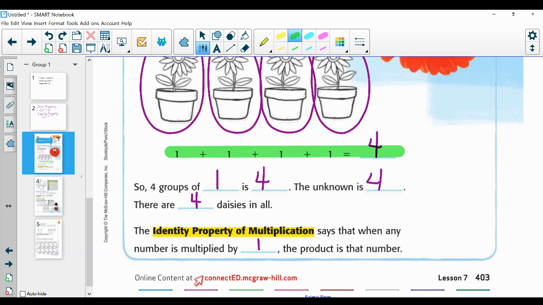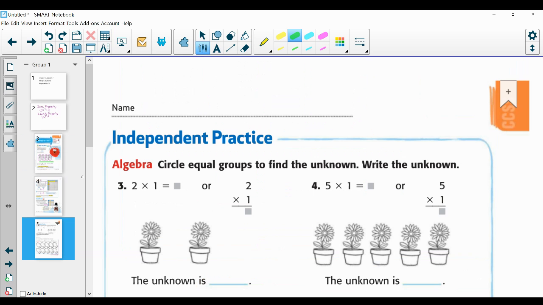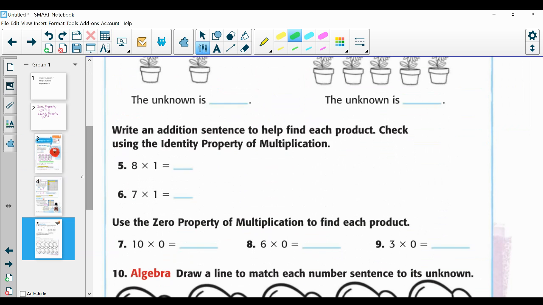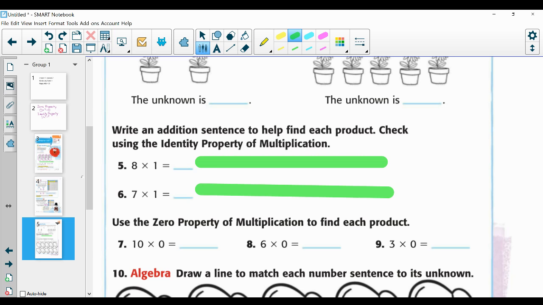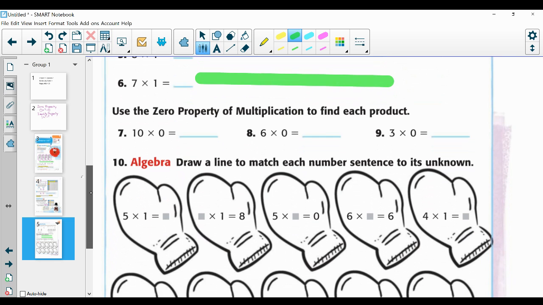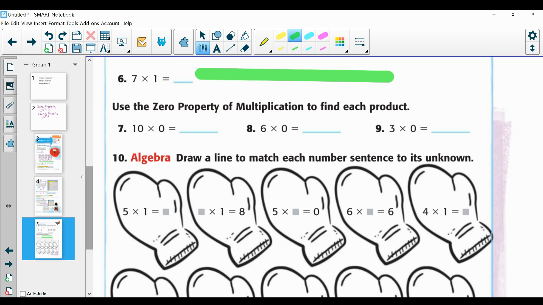That's what you're supposed to do on those 2. So you should write your repeated addition sentence here and here with your product on the blue line. You do not need to highlight those spaces in green. Use the 0 property of multiplication to find each product. Not too tough.